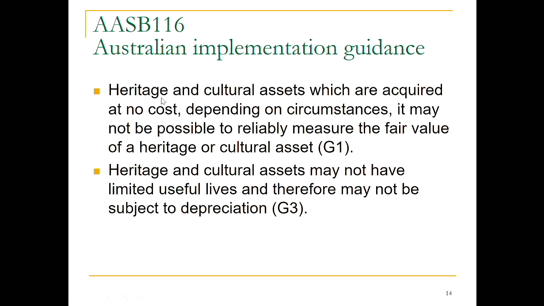It says for heritage and cultural assets which are acquired at no cost, depending on circumstances, it may not be possible to reliably measure the fair value. So if it is not possible to measure the fair value reliably, it may not be necessary for the entity to recognize it on the balance sheet.